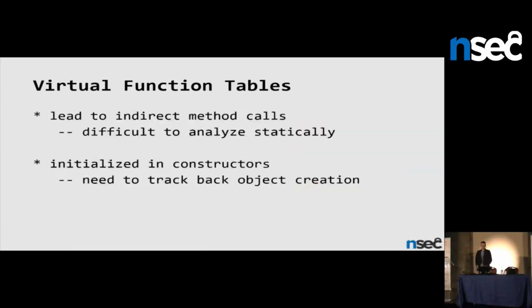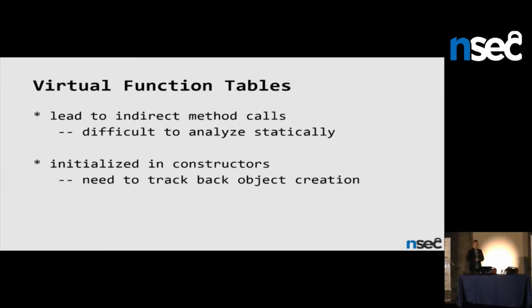So what's the problem with the virtual functions? First, it leads to indirect method calls, which are difficult to analyze in the static context. Because when you're looking at the program statically and you encounter at some point a call to a virtual method, it is not clear exactly where the control is going to be transferred to.